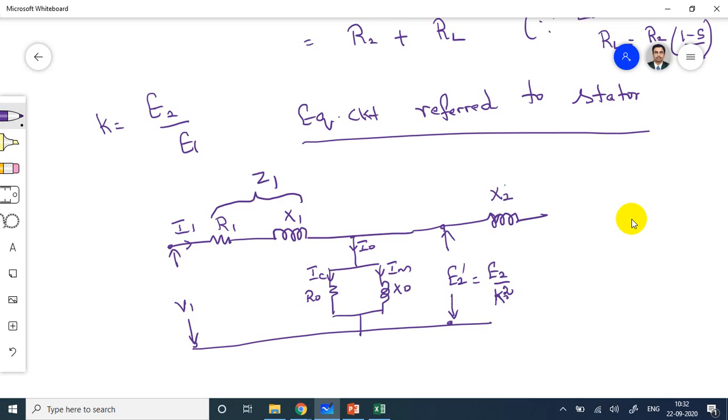X2 dash is nothing but X2 by K square. R2 dash is R2 by K square.